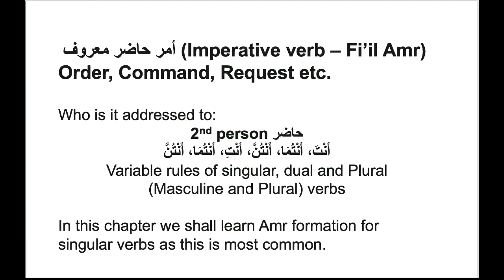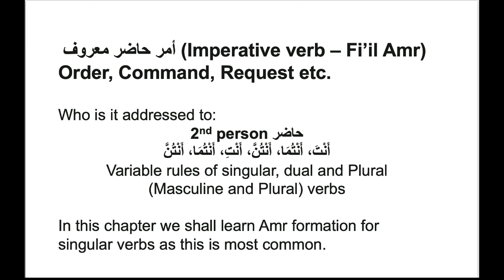We need to know to whom the order, command or request is made through the imperative verb. Please pay attention. You can only order someone who is in front of you, who is present, and that means second person, hadir. You cannot order or request anything of someone who is absent.